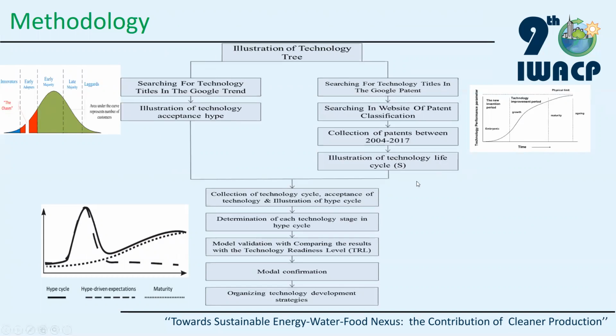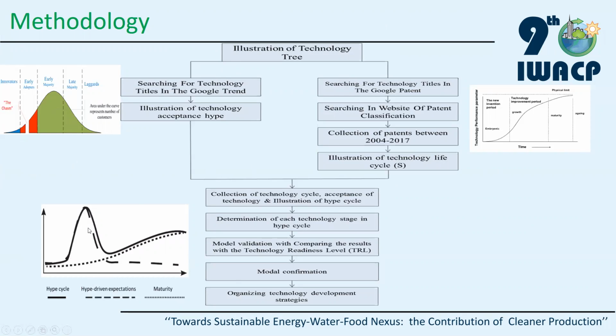So you can see that we have considered both the R&D aspects and technology development aspects, and technology awareness, technology adoption, and these kinds of issues in our research. After that, when we found the situation of each technology in both diagrams, easily the situation of the technology in the hype cycle diagram can be identified.